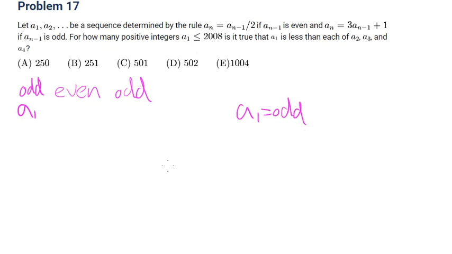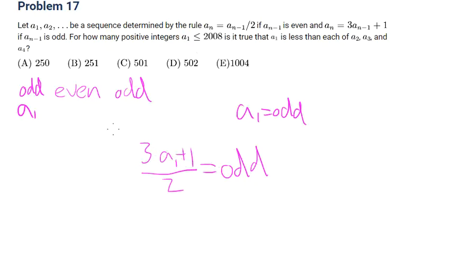Of course, A1. Now A2 will be A1 times 3 plus 1. Now A3 will be this, then divided by 2. So this would also be odd. So yeah, we just simplified the problem to this. A1 is odd and this thing is also odd.